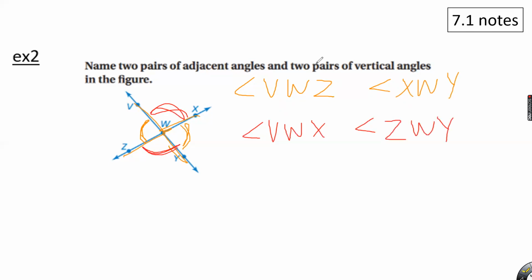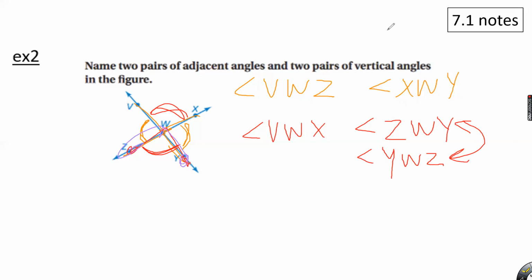And it's okay if your letters are written in the opposite way. So I could also say that that's angle YWZ. These two are the same angle. It's just for the first one, I was going ZWY. And for the second one, I went YWZ. And so it's just the direction you go.